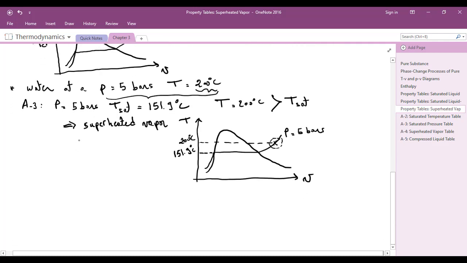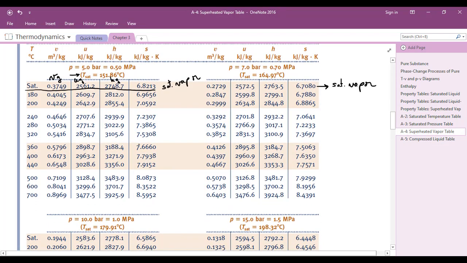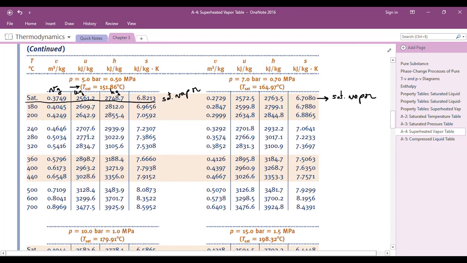We should find the specific volume and the internal energy for this point. So we go to table A4 and we look at the pressure of 5 bars. At 5 bar, as you can see, you can find the saturation temperature from this table. The saturation temperature is 151.86, approximately 151.9 degrees Celsius.